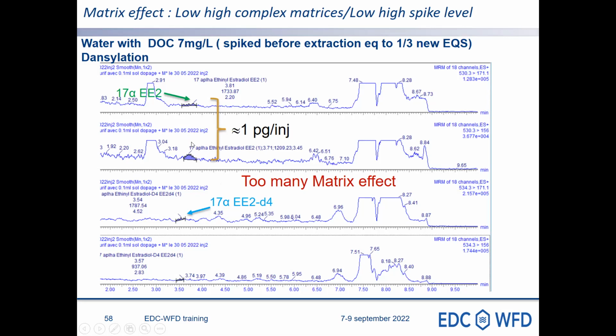So we have a method that is capable of quantifying 1/3 of the new EQS, but not in every condition. Even if we have implemented a strong purification step, it is not enough. So really, the purification step is not an option. And even in this condition, we still need to work to optimize the purification.